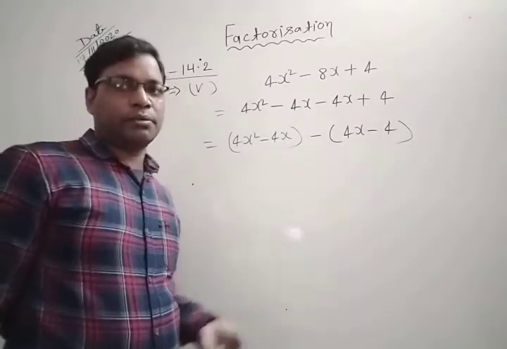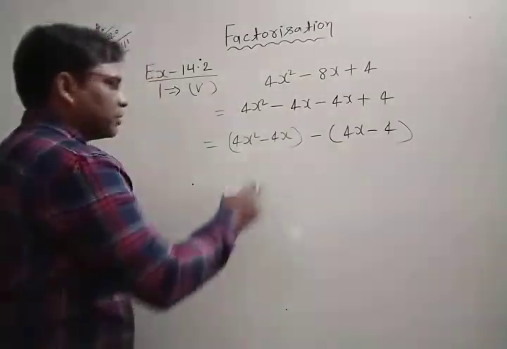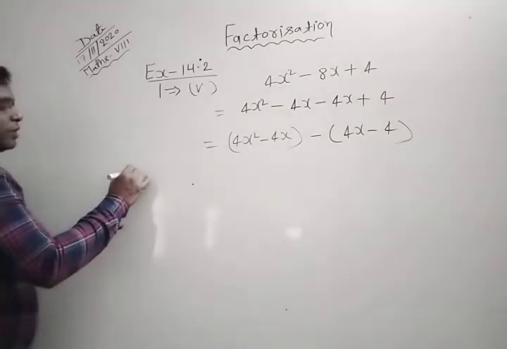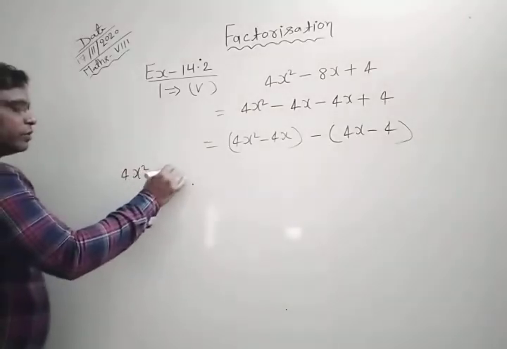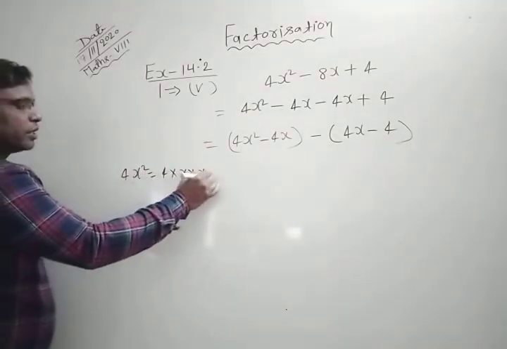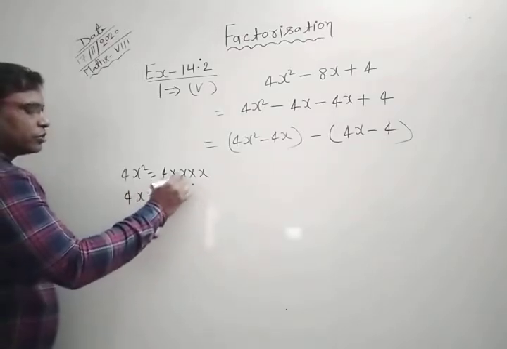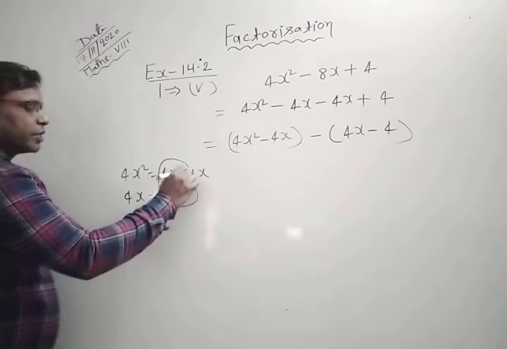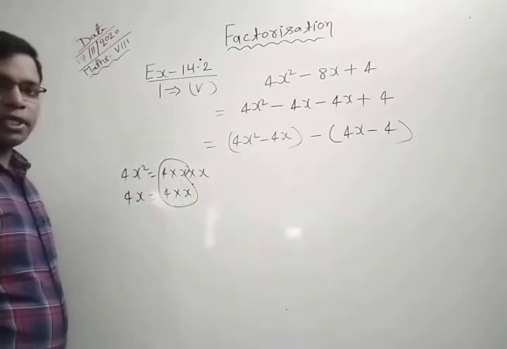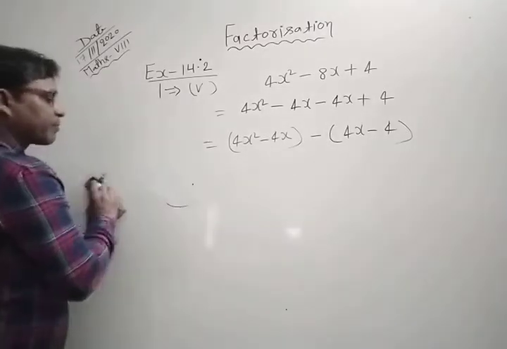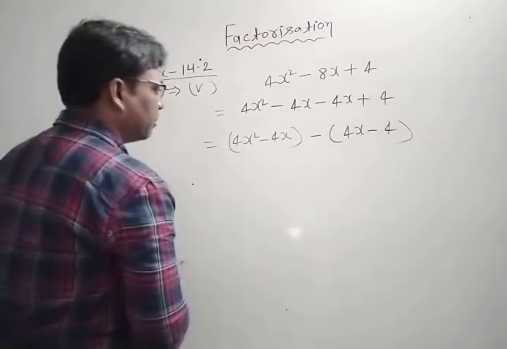So what is common between them? See what is common in the first group. 4x square, you can write as 4 into x into x, and 4x is equal to 4 into x. So what is common between them? You can see the common factor is 4 into x, 4x. So in the first group 4x is common.